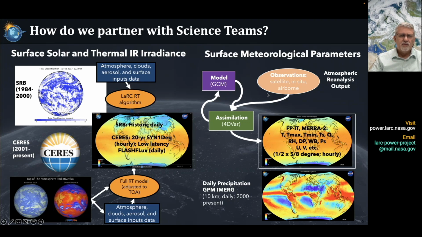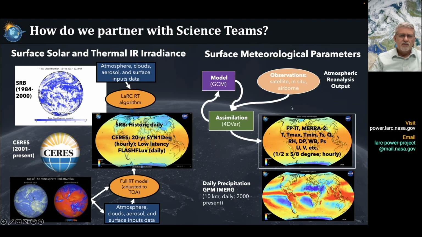So all those are assimilated and used to assess and optimize the output from the model. Then the model output is nudged and rerun. And so there's a loop here, and that results in the data products for the surface meteorology, including temperature.